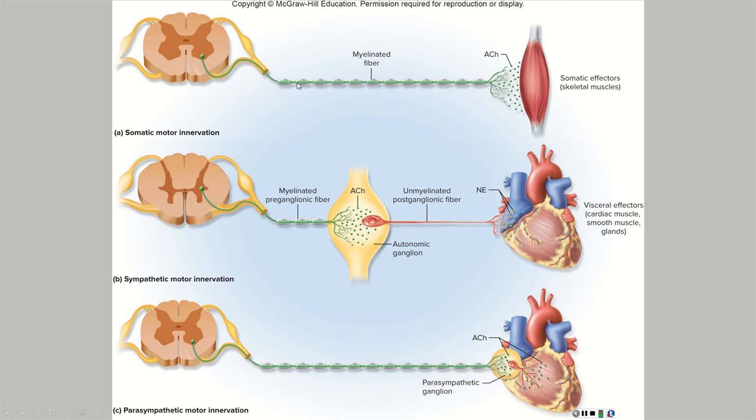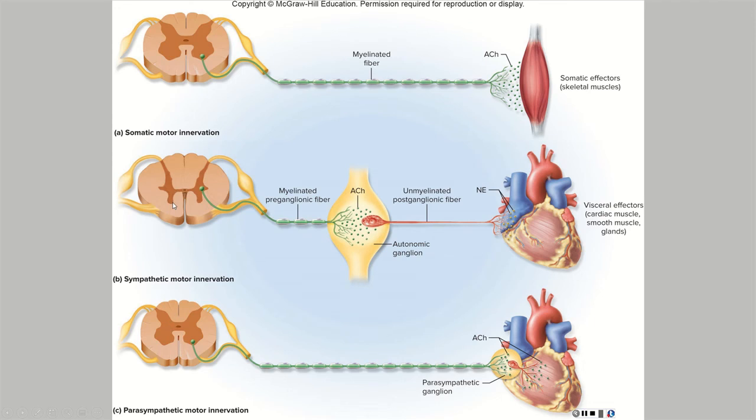And this one single neuron or nerve with neurons inside of it releases acetylcholine onto that muscle. But that's different when we look at the autonomic nervous system, and that's what we see down here.